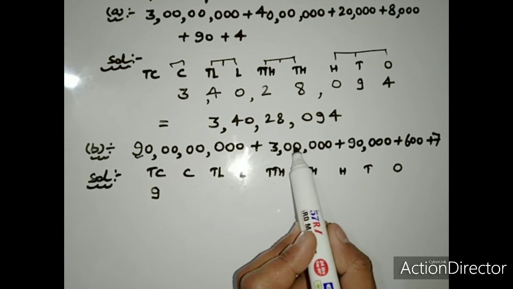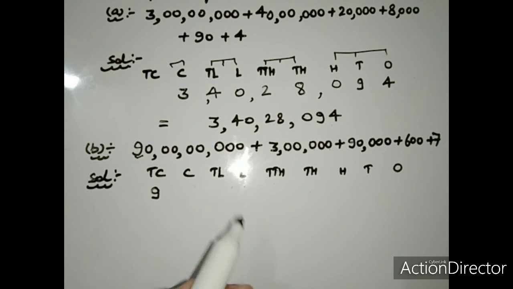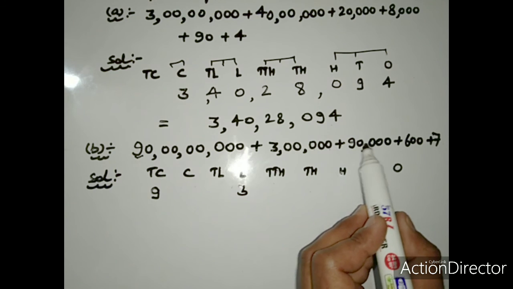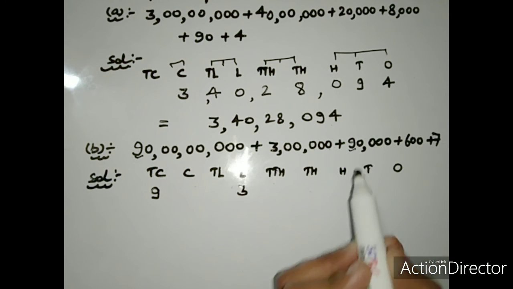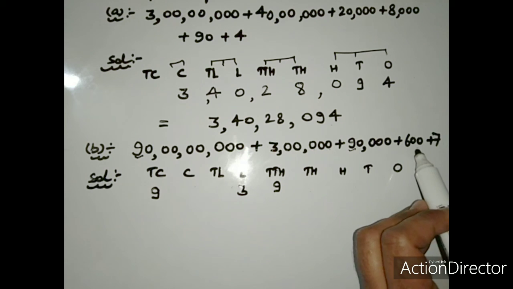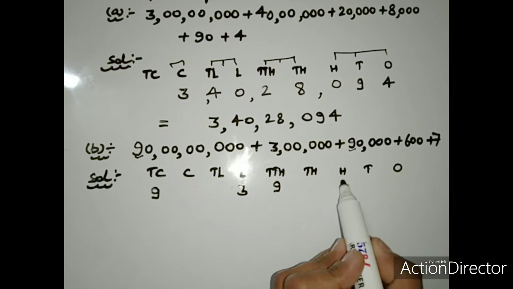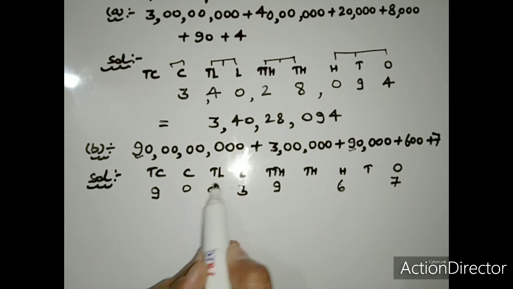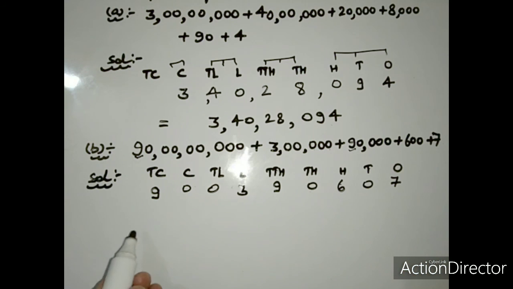Ones, tens, hundred, thousand, 10,000, lakh. In the lakh place, here we write 3. Ones, tens, hundred, thousand, 10,000. In the 10,000 place, here we write 9. 6 in the hundred place, and 7 in the ones place, and the other spaces fill with 0.